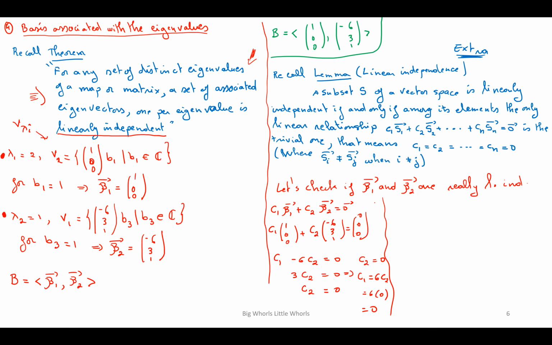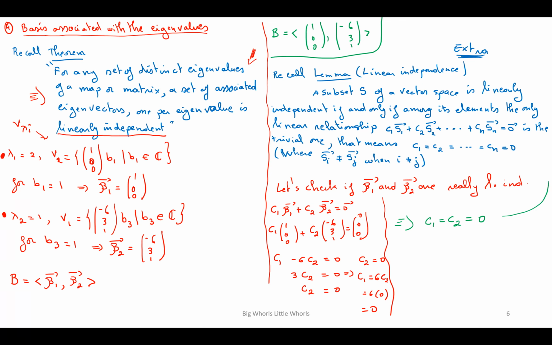So that means the only time the relationship c1 beta 1 plus c2 beta 2 equals 0 holds is when c1 equals c2 equals 0.